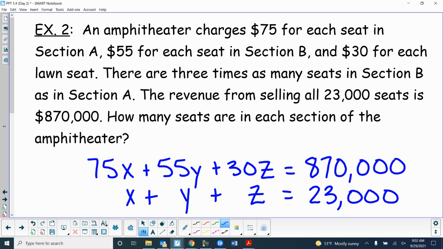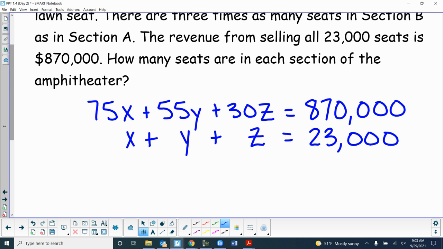You guys, right? So if there are 3 times as many seats in B as in A, which one am I multiplying 3 by? The A one, right? So my other equation is the number of B tickets is 3 times the number of A tickets.